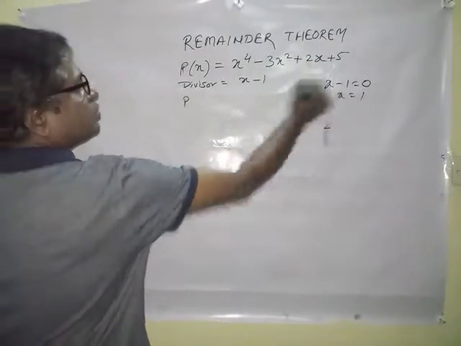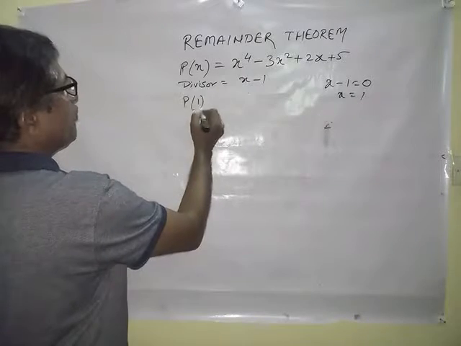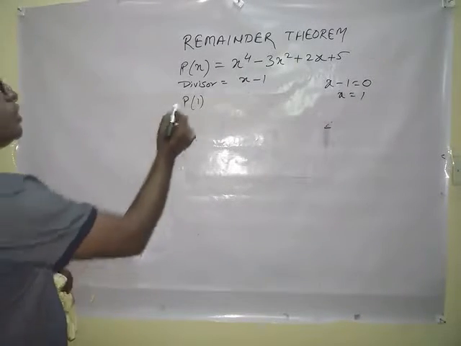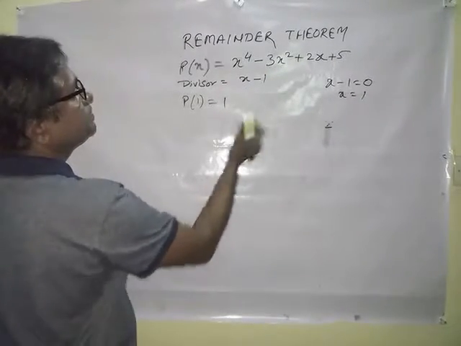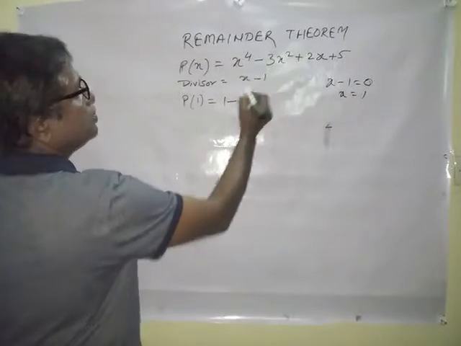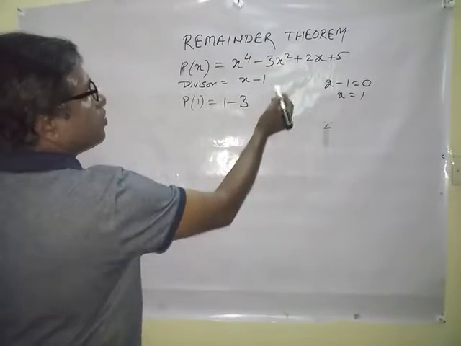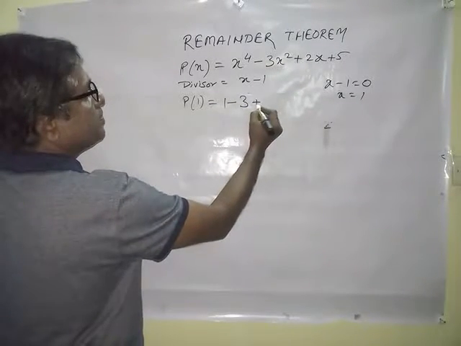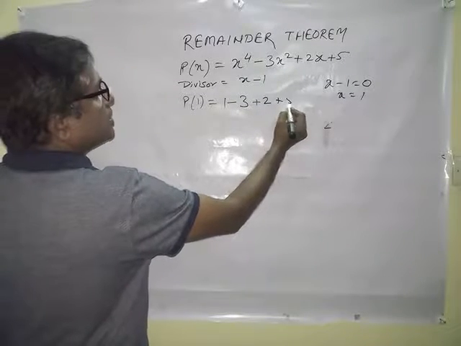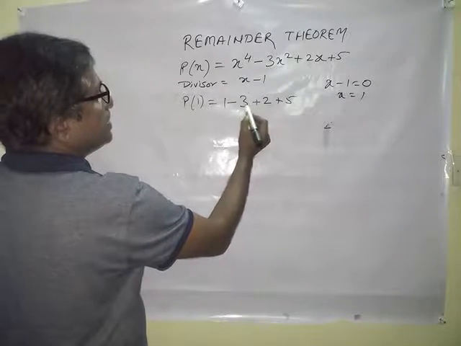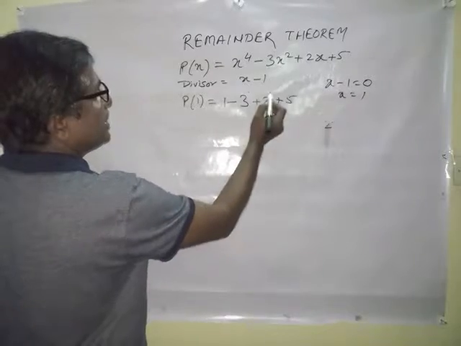Equate this to 0 and place the value of x here. So find P(1), which is 1 raised to power 4, minus 3 raised to power 1 will remain the same, plus 2 multiplied by 1, plus 5. So minus 3 plus 2 plus 1 will get cancelled.